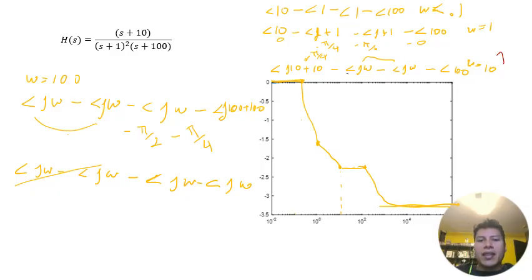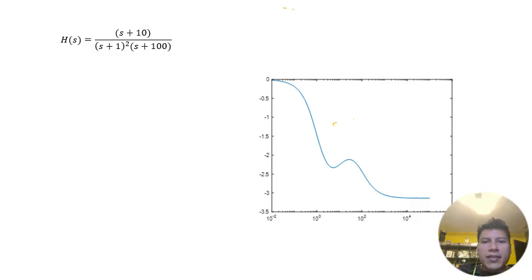Let's look at the correct plot and see how well we got it. One thing to note here is that the slope, we know it's going to be wrong because it has to smoothly flip. So there's probably going to be a little kink there. So here's the correct answer. And if you recollect, what we drew was something that looked like this. Then at 1, it was already at pi over 2. So it was around here. So it went up to here. Then it went down like that. And then at 1,000, it was down to here.